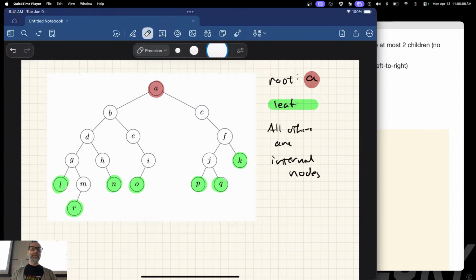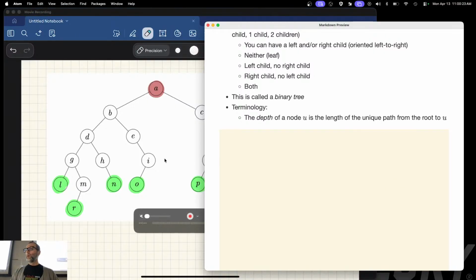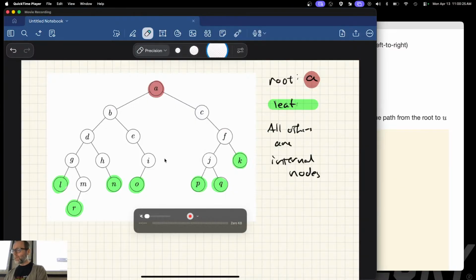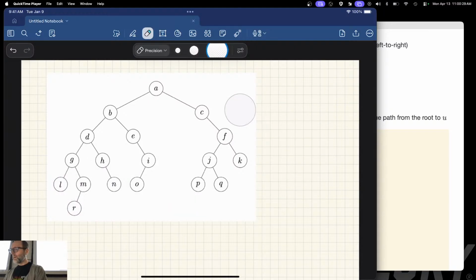We need some more definitions though. So when we talk about distance in a tree, we're talking about depth. So the depth of a node U is the length of the unique path from the root down to U, okay? So let's understand what the depths of each one of these things are, okay?